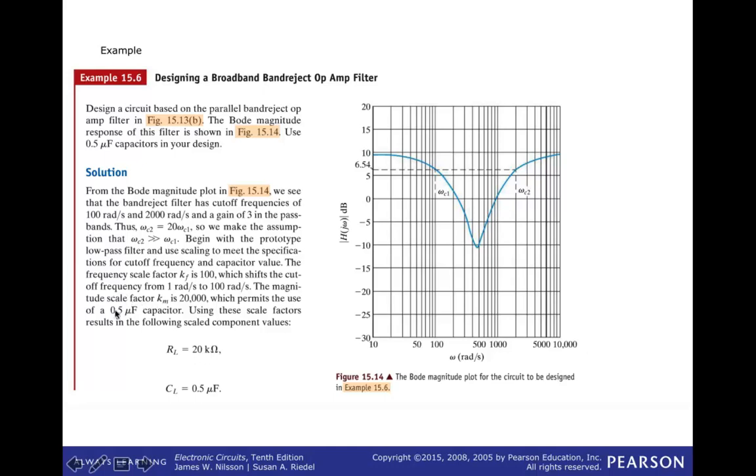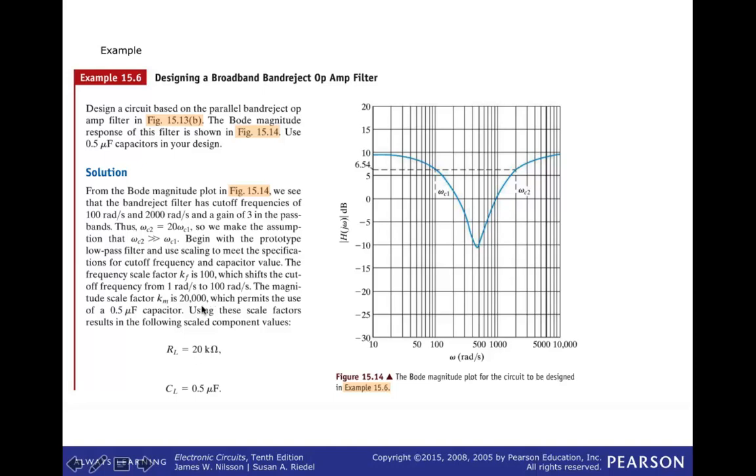So the magnitude scaling factor is determined by what is the capacitor you have compared to what is the capacitor that you want, that you designed around, which was 1 farad. And remember that that relationship encompasses both the frequency scaling factor and the magnitude scaling factor.